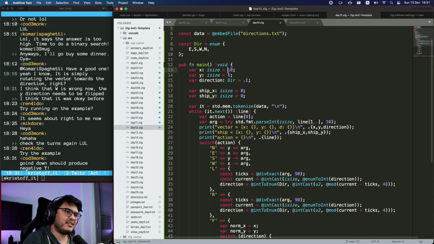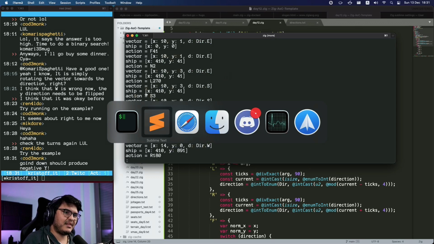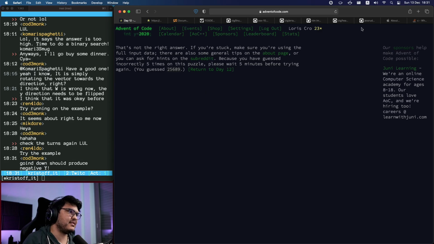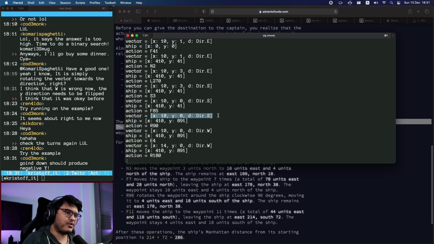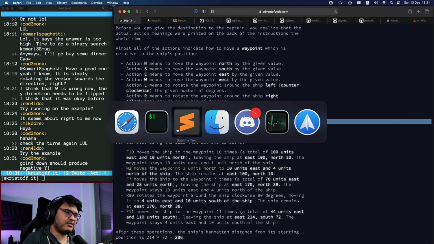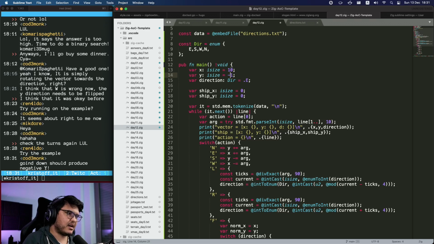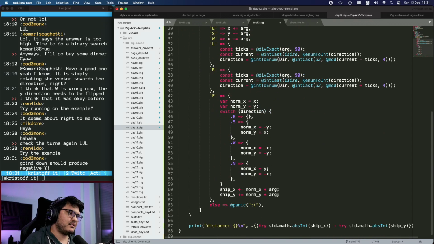Which means that the starting stuff is wrong. The starting point is wrong because it's 1 unit north. So this should be -1. And then y is going south. And then I did this by thinking that south is positive, while south is negative. Fuck.